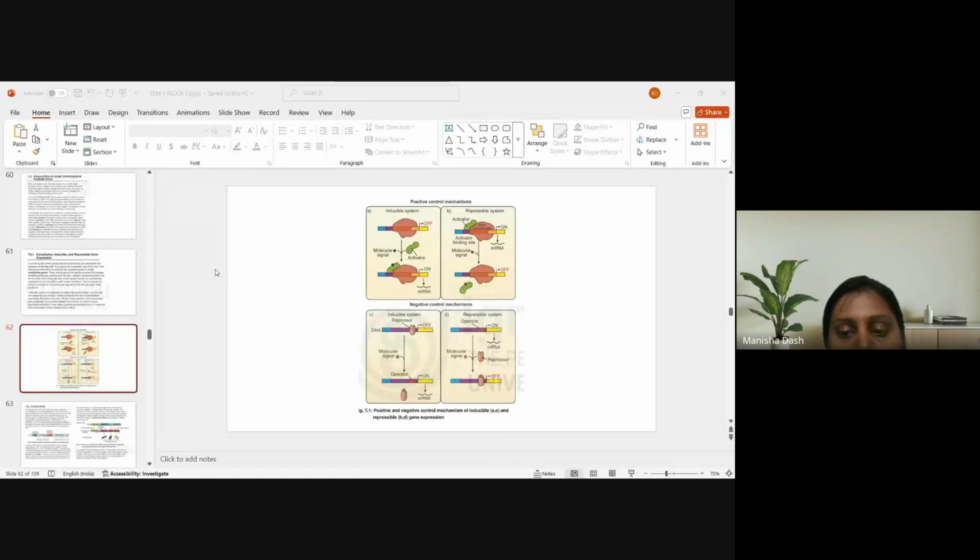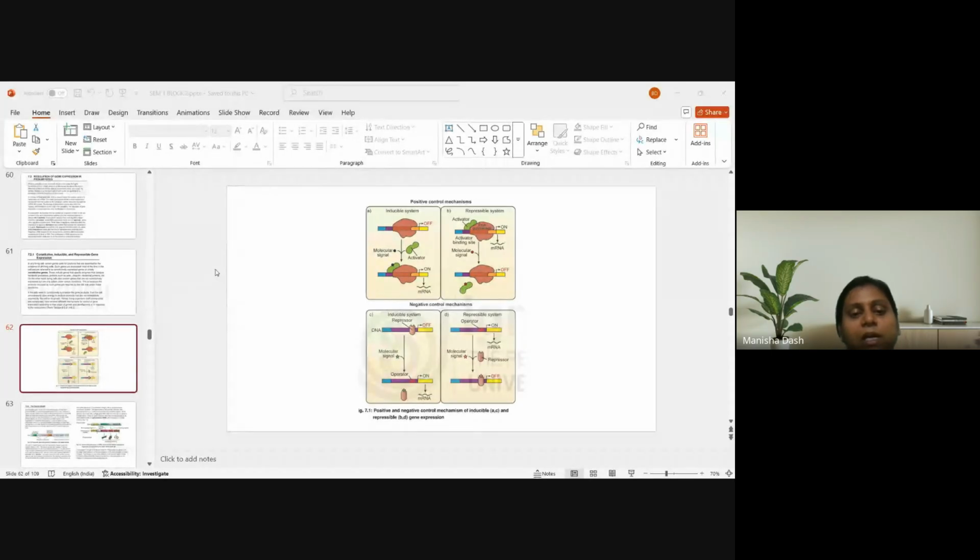Okay. So here, whether it is positive or negative, you can have an inducible and a repressible system. Inducible means when the inducer deactivates the repressor to allow the expression of the gene. That is called the inducible operon.